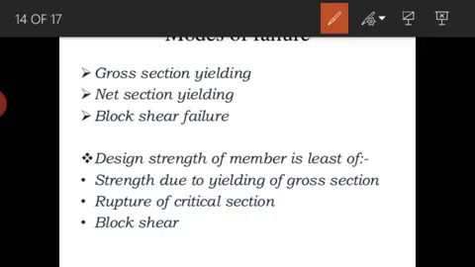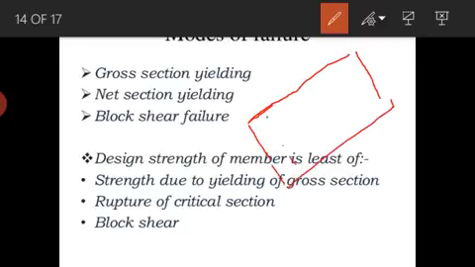Here, suppose this is the member, and let us assume this is a lap joint, and this is subjected to two tensile forces. Because of the tensile forces at this particular joint, the members may elongate.